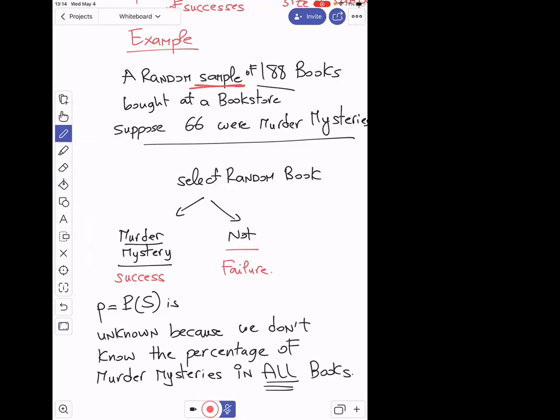Let's say this bookstore has like 10,000 books. We don't know the percentage of murder mysteries out of the 10,000 books.